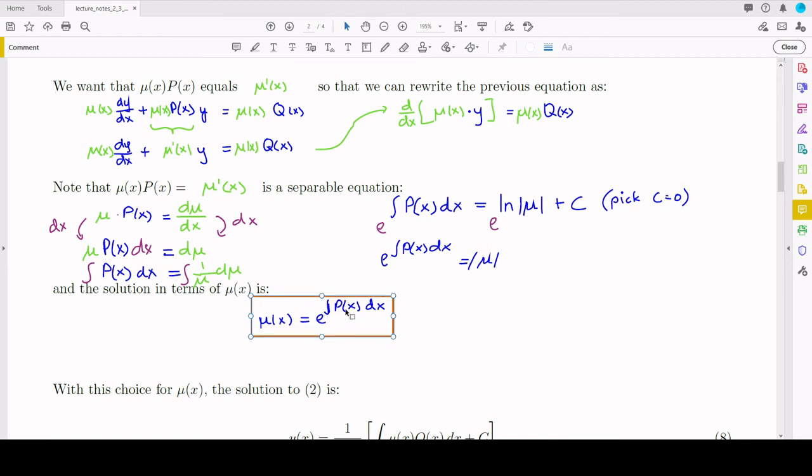So that is our mystery function. It depends on p of x.